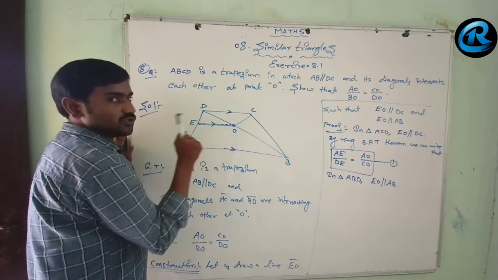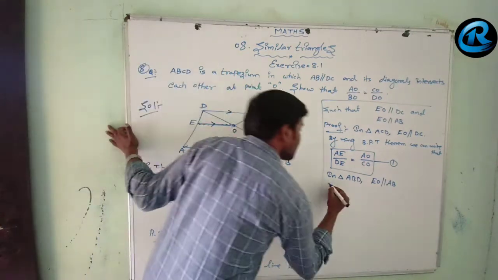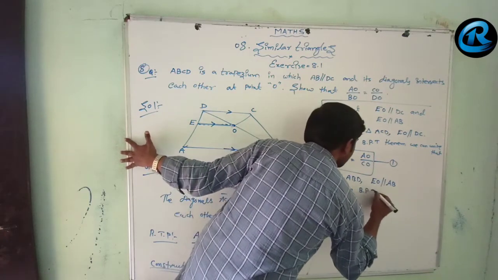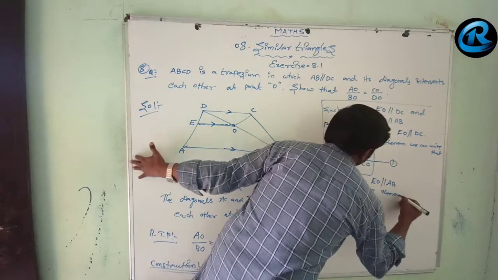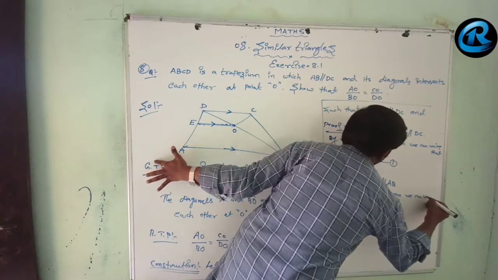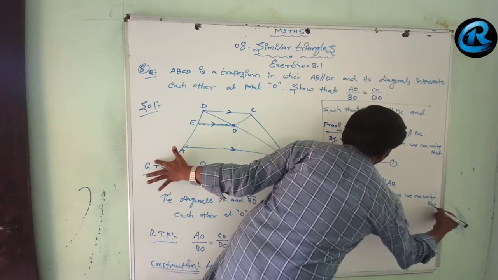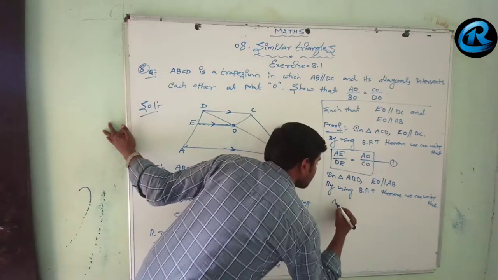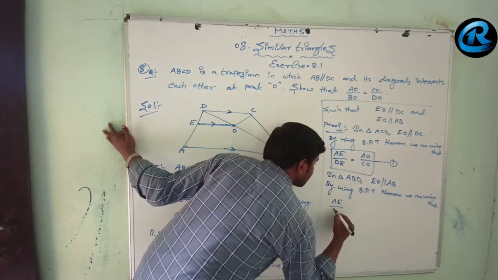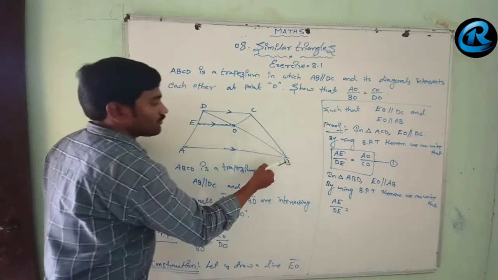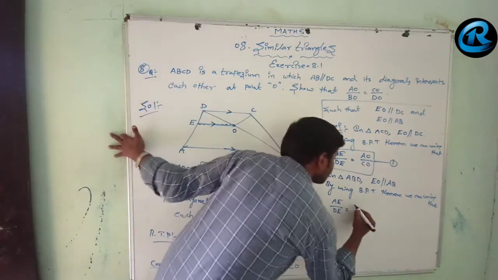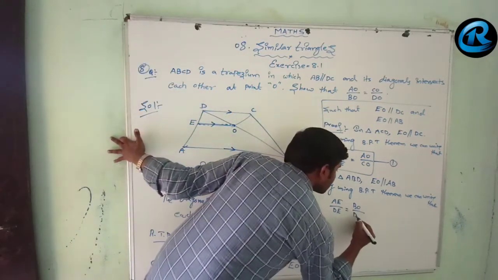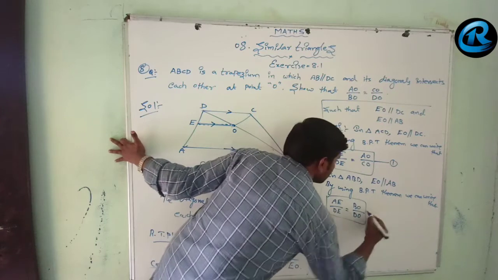So it will divide them in the equal ratio. So by using BPT theorem, we can write that AE by DE is equal to BO by OD or DO. This is equation number 2.